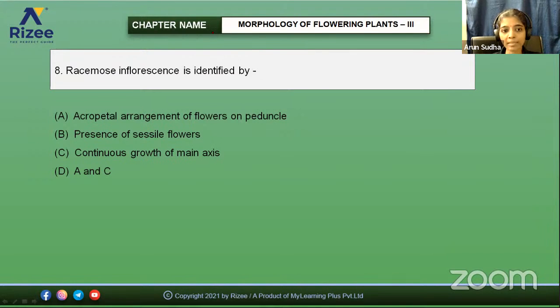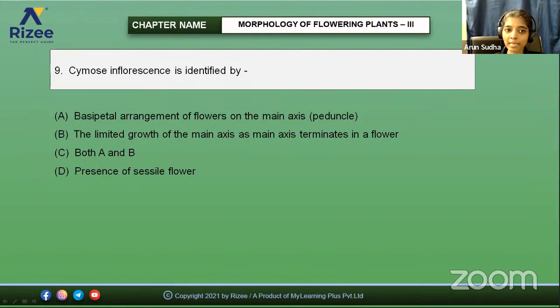Yes, for this, option D is correct. Okay, good. Because racemose inflorescence is identified by both the acropetal arrangement of flowers and peduncle and continuous growth of main axis. So D is the correct option.